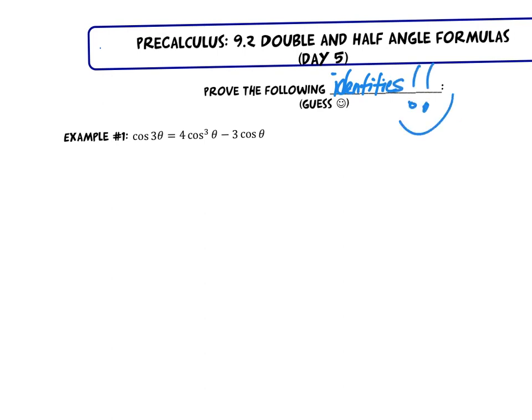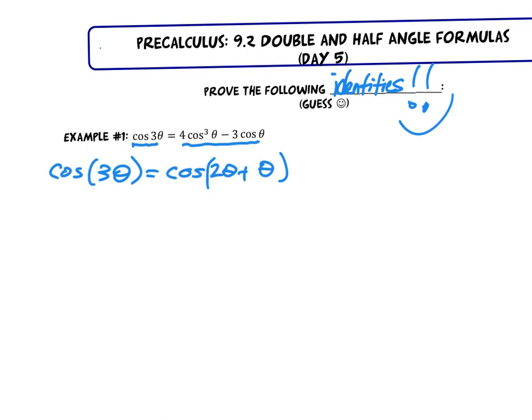All right, so we want to prove that the cosine of 3 theta is equal to this right side. All right, so let's go ahead and play with the cosine of 3 theta first. We know that the cosine of 3 theta we can write as cosine 2 theta plus theta.